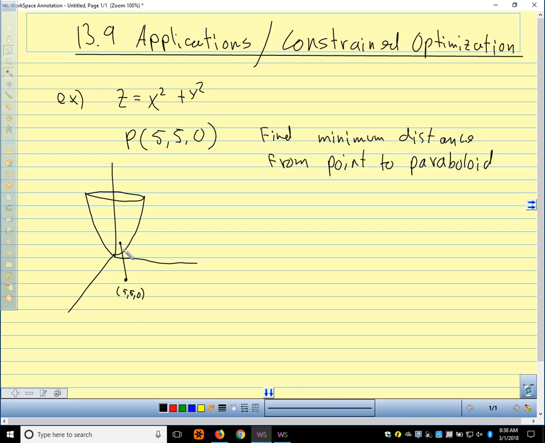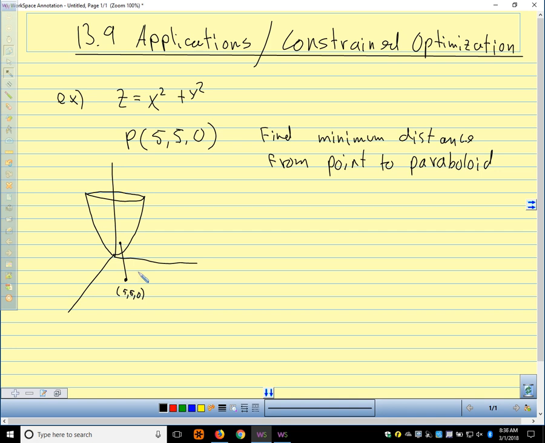And we want to find that point. Anywhere on the paraboloid, we want to make sure that the length of that segment is the minimum. It doesn't necessarily turn out that way. So we're not going to use a gradient today. We'll use a gradient tomorrow.